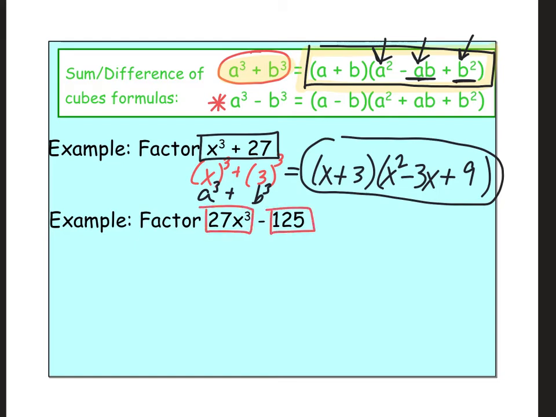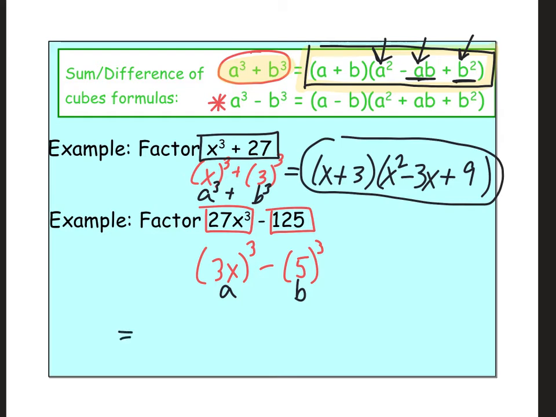So 27x cubed could be written as 3x all cubed, right? Because the 3 cubed gets you the 27, the x cubed gets you x cubed, and then the 125 is actually 5 to the third power. Okay, so we have it written as something cubed minus something cubed. So our a and our b term are going to be 3x and then 5 respectively.